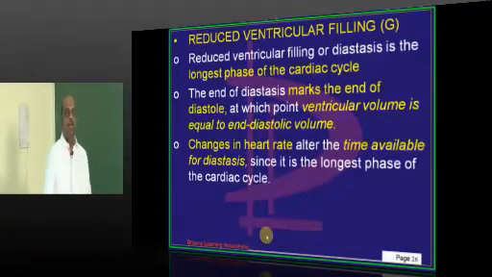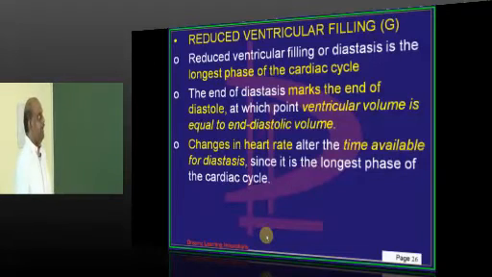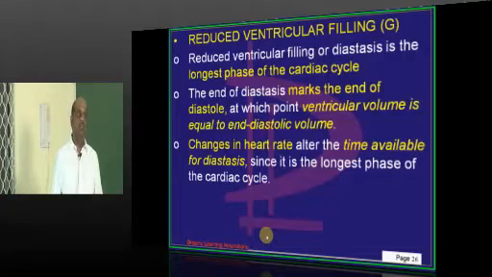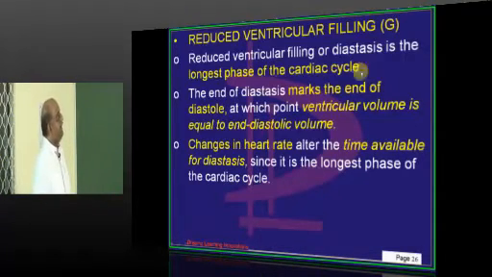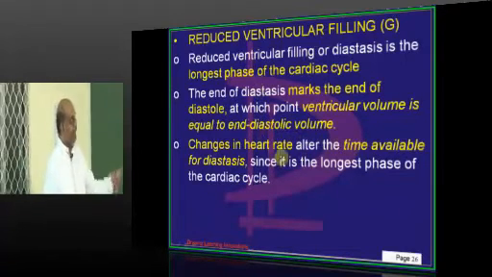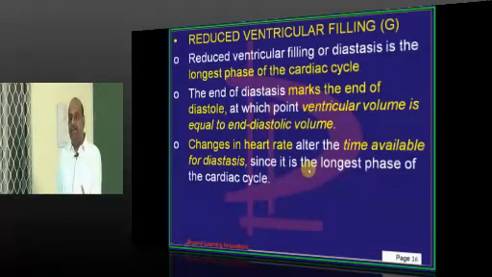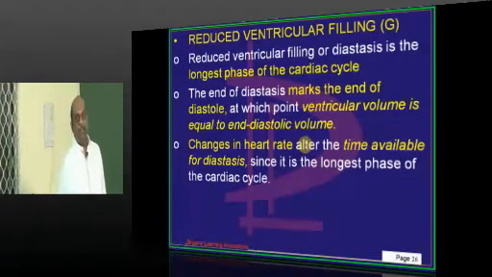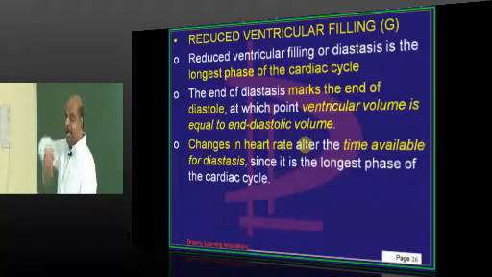Then comes the last phase, which is reduced ventricular filling, the second one-third of diastole. At the end of this reduced ventricular filling, whatever volume is there in the ventricle is called the end diastolic volume. A lot of people think it is at the end of the entire diastole.